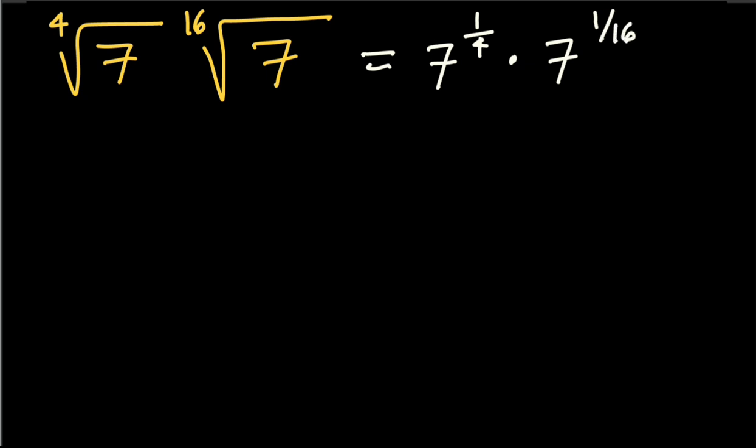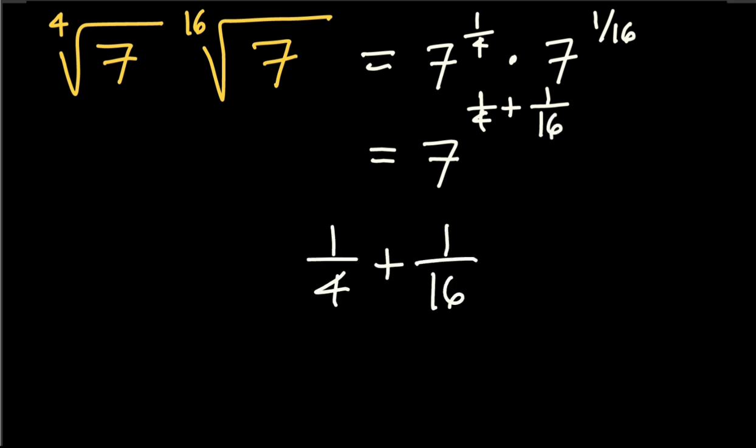By the law of exponents, when the expressions have the same base, we copy the base and add the exponents for multiplication, by the product rule. So this becomes 7 to the 1/4 plus 1/16.